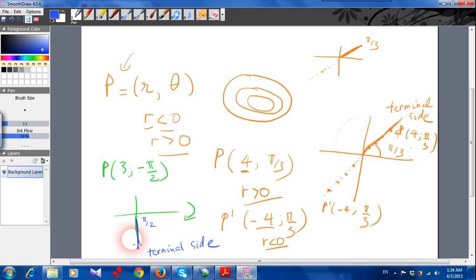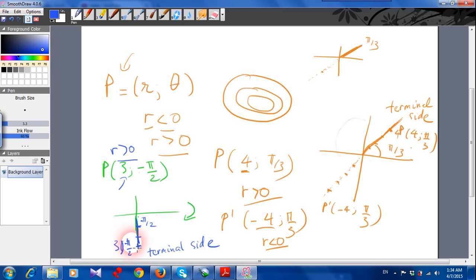So where is P? Again, we look at r. r here is positive, so it will be on the terminal side. 1, 2, 3.